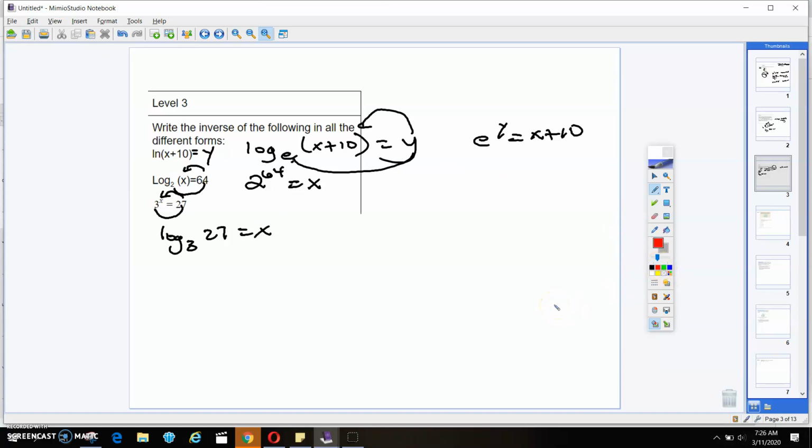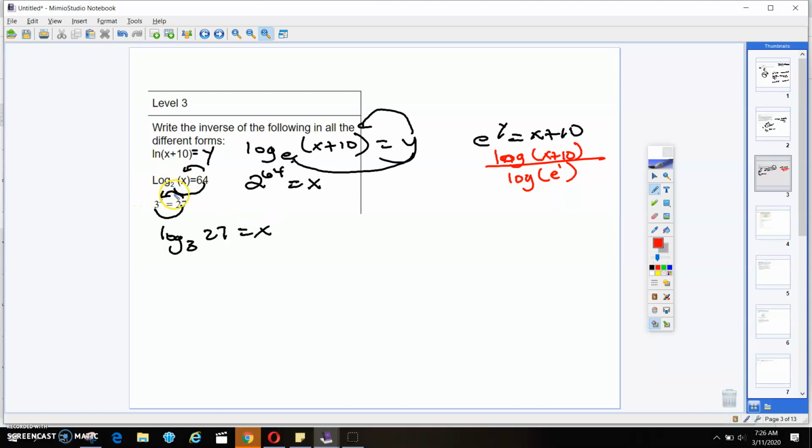Now, my question is, can you write these in different forms other than that? Yes. Going back to this first one, if I wanted to write this out in that change of base form, I would say ln or log of x plus 10 divided by log of e to the first power. I put that in my calculator.